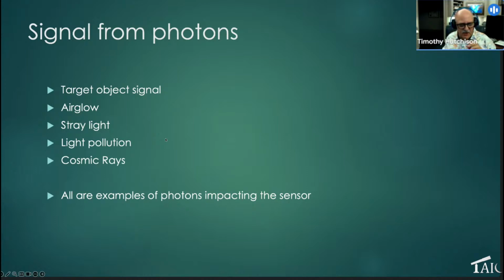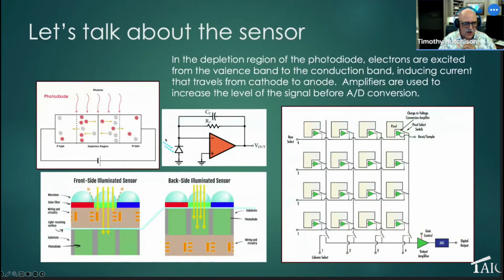Incidentally, I should mention, and I'm just going to back up for one second. We talk about electrons a lot, and you're going to hear me talking about electrons. And where does that whole thing come from? Well, all of that happens right here in the photodiode. When a photon comes in and smacks into this depletion region, it excites these electrons and they jump up to a different level of energy and they cause current in the photodiode.